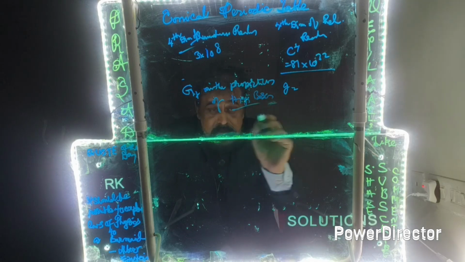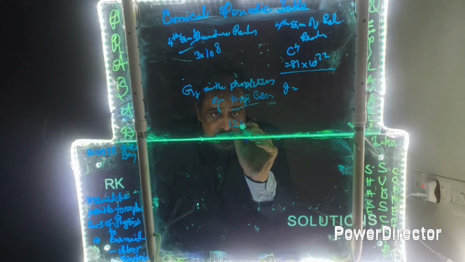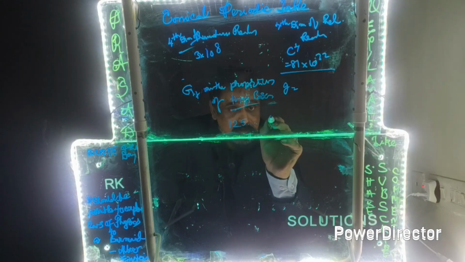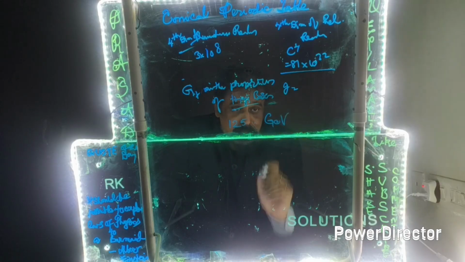What is the Higgs boson? 125 point something giga electron volts.